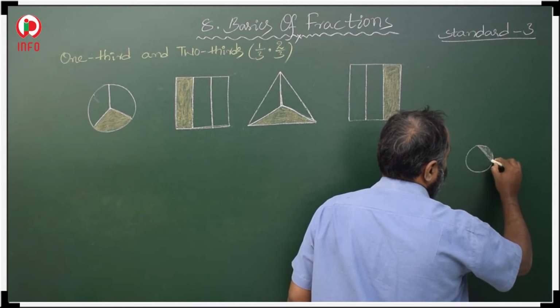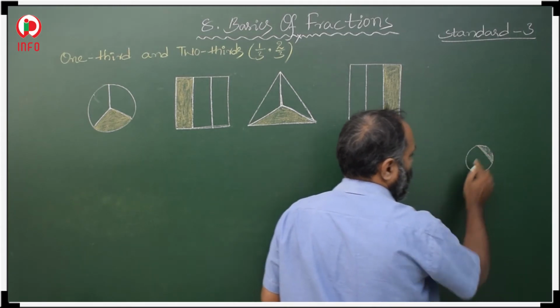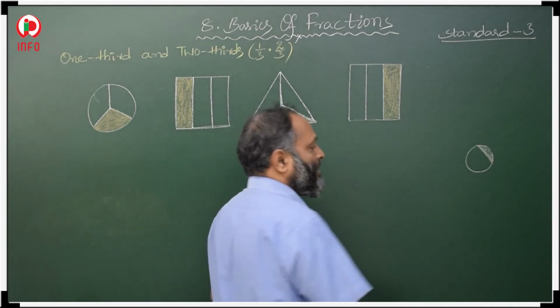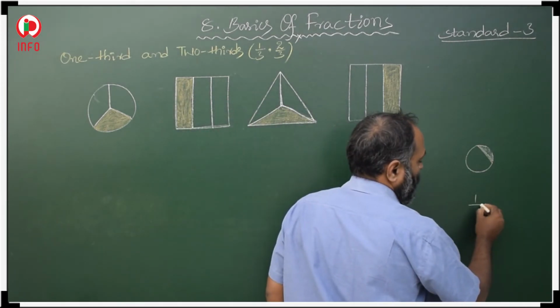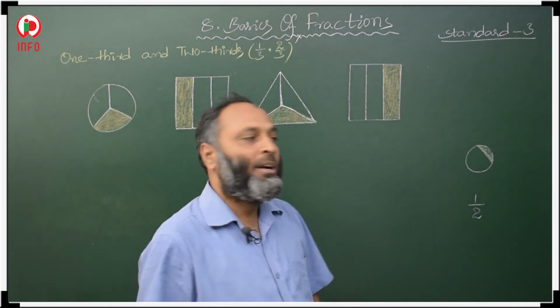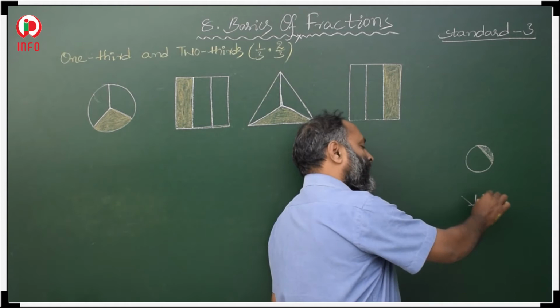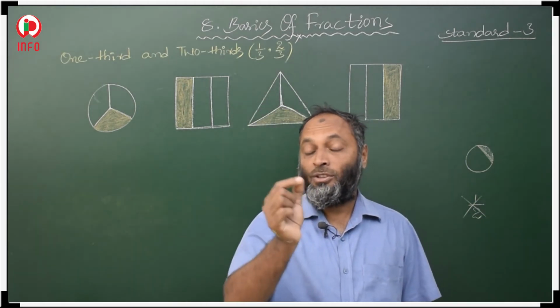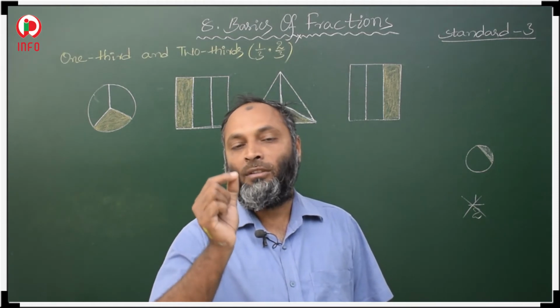then how to represent this portion? Here, in 2 parts, 1 part is shaded. It means shaded part is 1 and total parts 2, so 1 by 2. It is actually 1 by 2, but it is not correct. Why is it not correct? Whenever we divide, you should divide into 2 equal parts.